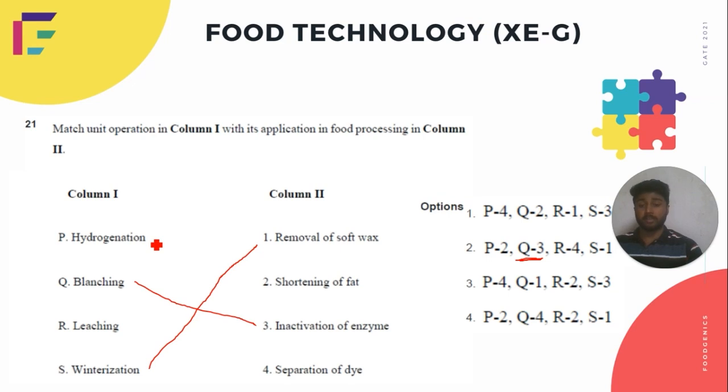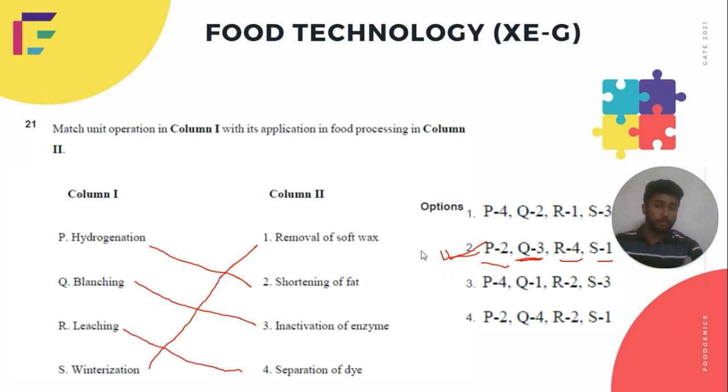Shortening is the highly solidified fat, so P relates to 2, P2. And leaching is mainly a unit operation for separation of dye, so R4. So all the given options in option 2 are matching. So the correct option is option 2.